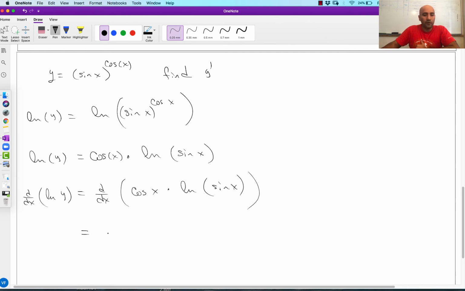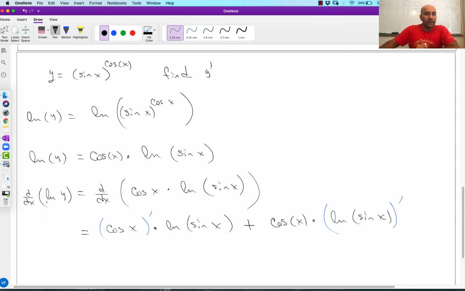So we need cosine of x, and then we're going to take its derivative, times, leave the second one alone, times ln of sine of x, plus, now we're going to leave the cosine alone, cosine of x, and we need to take the derivative with respect to x of the ln of sine of x. So take the derivative of this one.